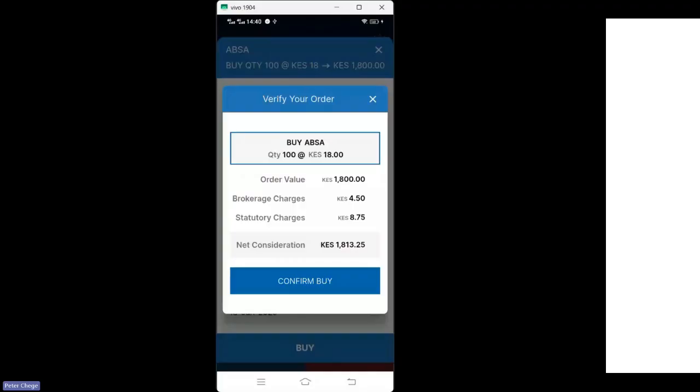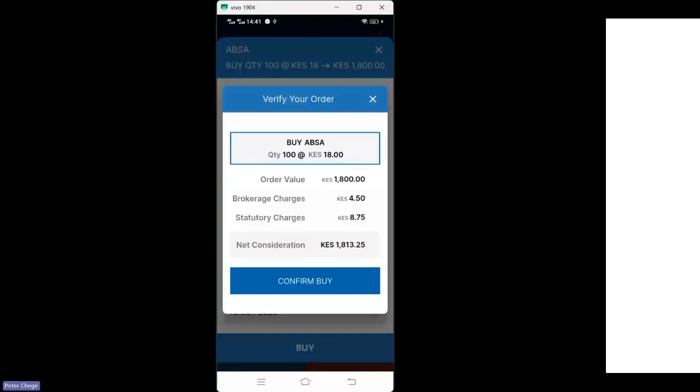Your buy order, you are paying brokerage and statutory charges: the NSE, CDSC, CMA levies, then the investor protection fund, and there is stamp duty, which you don't need to worry about. It's 2 bob for every 10,000 you use to buy shares, so we should not be worried much. So on delivery, you are paying charges both sides.